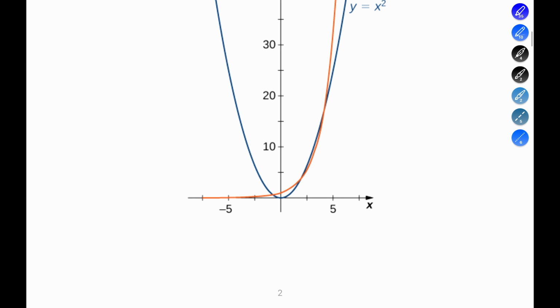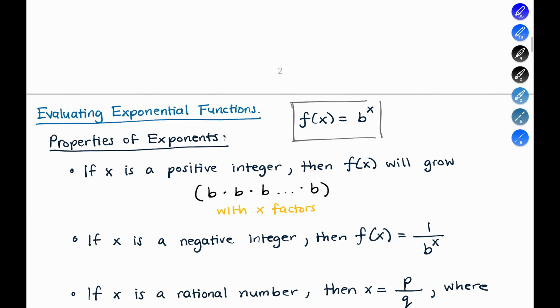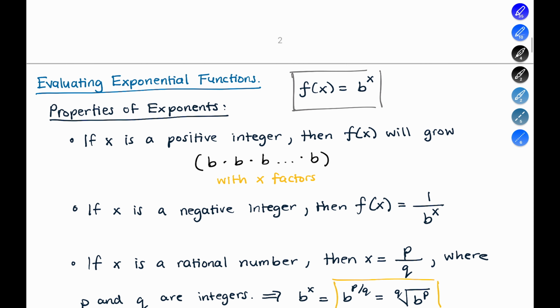If b was equal to 1, then it would just be 1 to the power of a number, which is always 1, so that wouldn't work. And if b was less than 0, then the number would keep decreasing. But because it's greater than 0, when you multiply b by itself x times, it will increase.